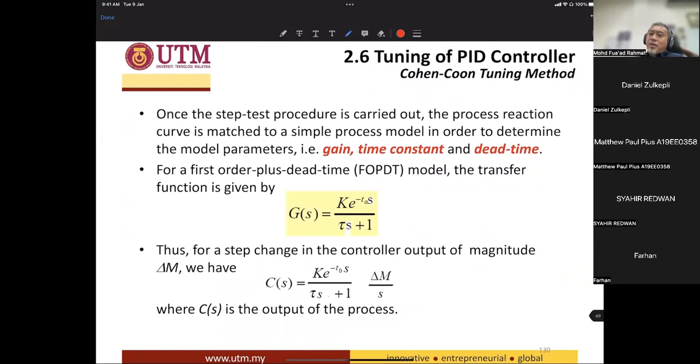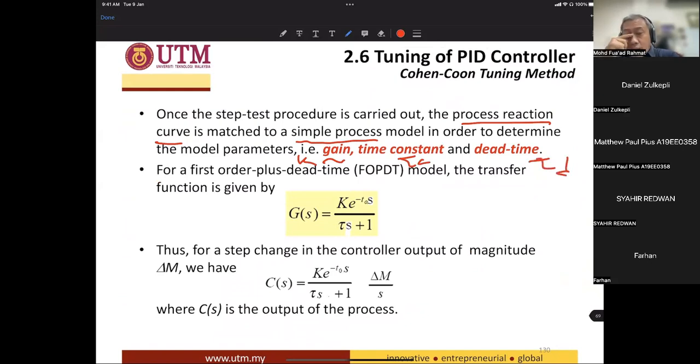Once the step procedure is carried out, the process reaction curve is matched to a simple process model. The process reaction curve will be compared to a simple process model in order to determine the model parameters, which are the gain K, time constant TC, and time delay TD.